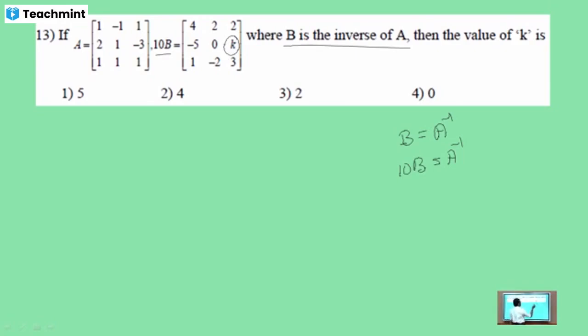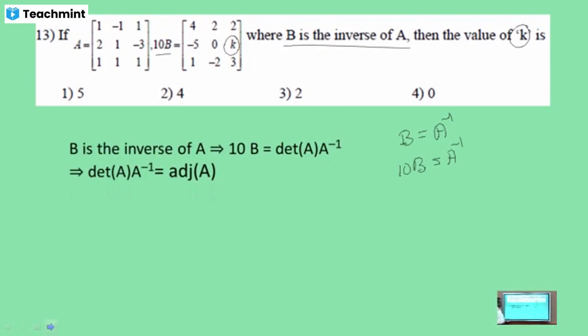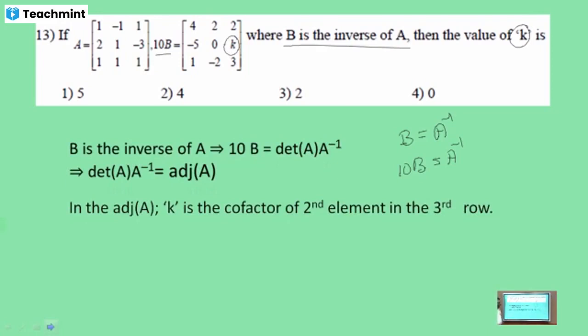That means this matrix of mine is the inverse. So what is the value of k? Where do we find this element k? You know that whenever you are talking about the inverse, we always get the k value in the adjoint of the matrix. So we will calculate the adjoint of the matrix. In the adjoint, k is the cofactor of the second element in the third row.